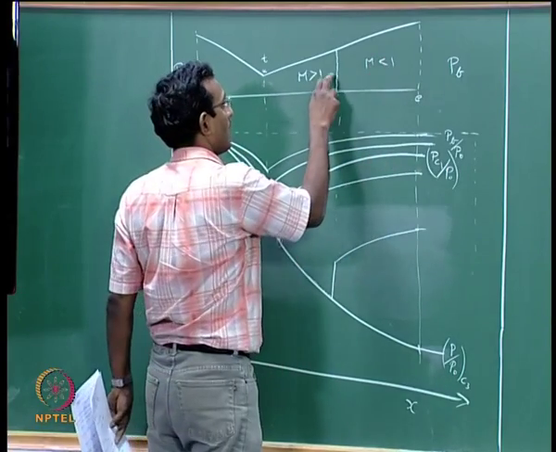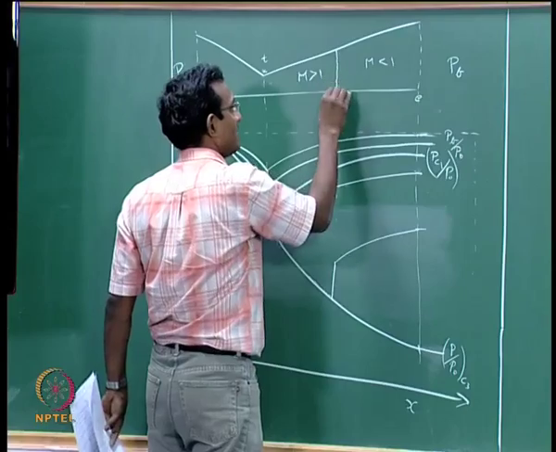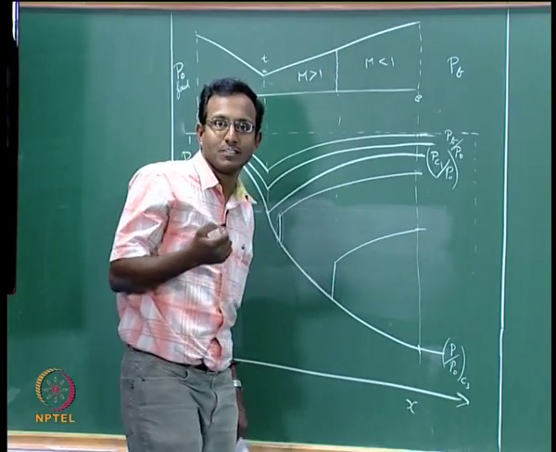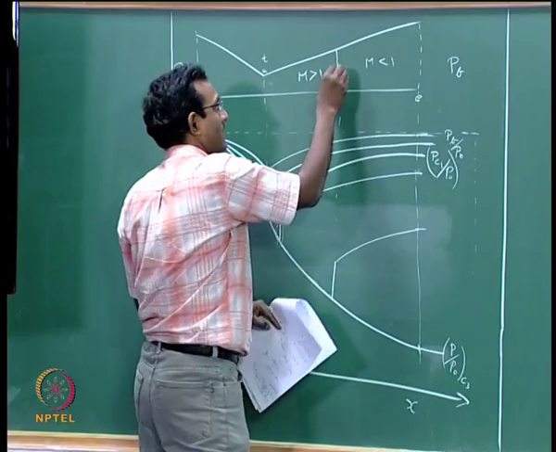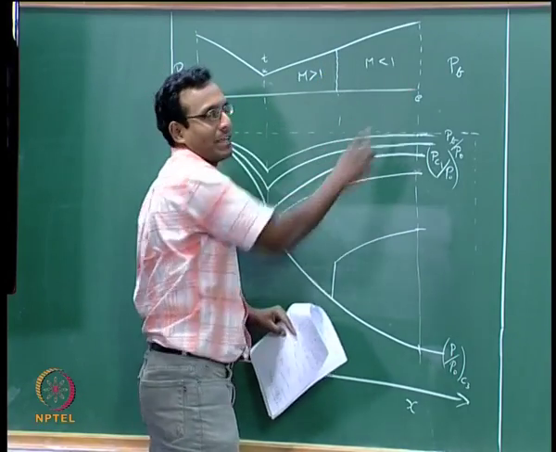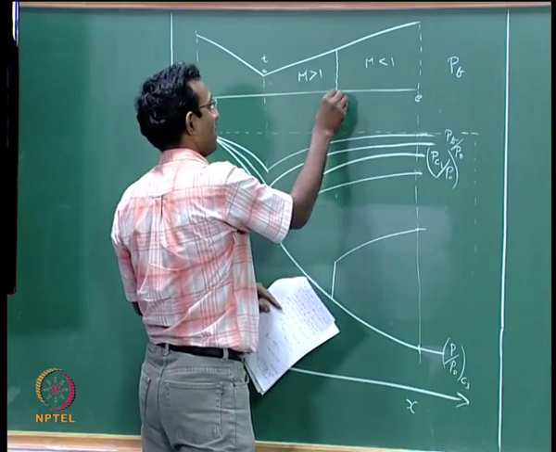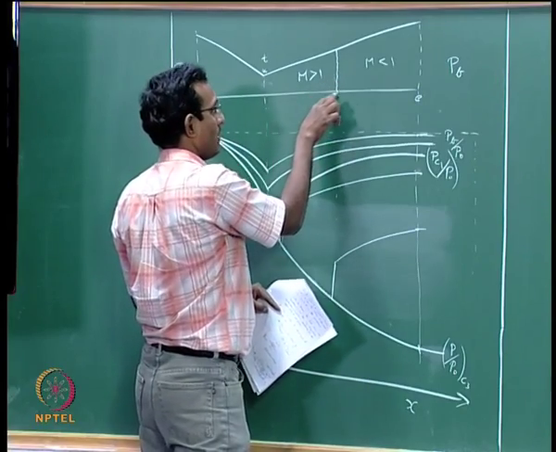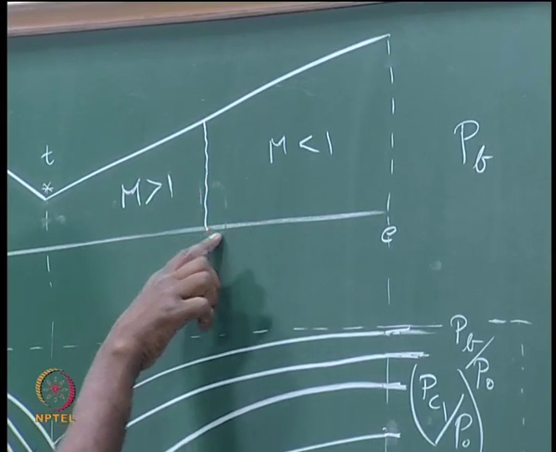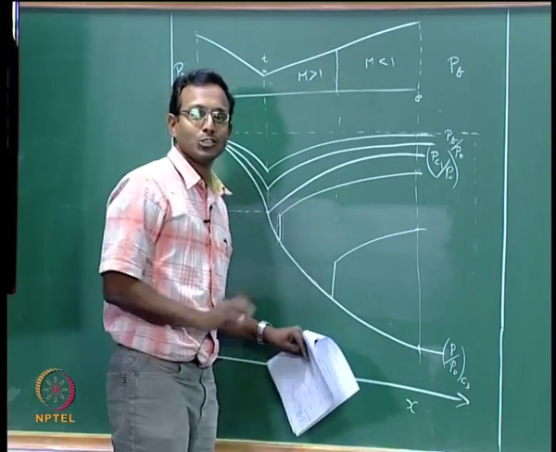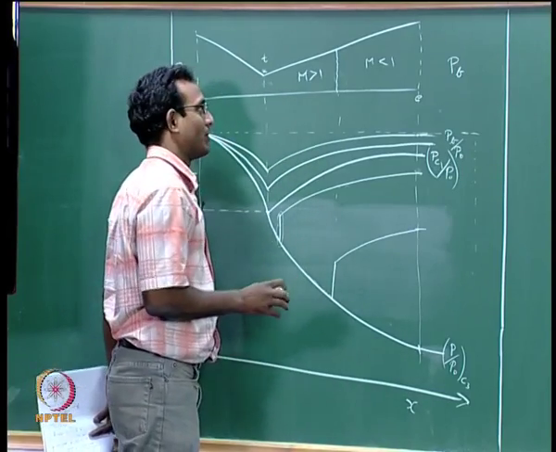At this location it is non-isentropic, only this one spot. We already discussed that shock is a very thin layer, and we will assume that it is a point change in my full x dimension. So up to this point the flow is supersonic, at this point it jumps from supersonic to subsonic, and from this point on it is subsonic. That is how we will deal with this problem, simple enough.